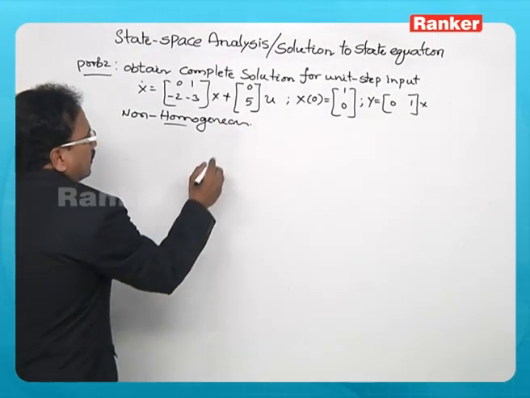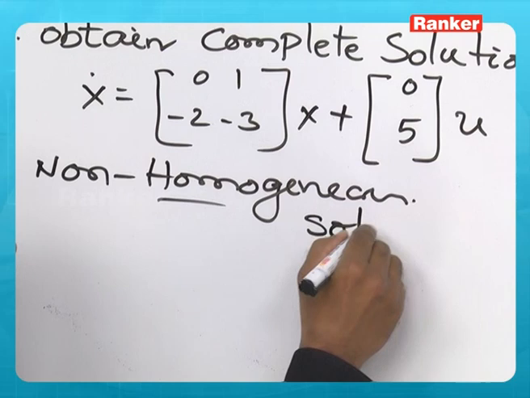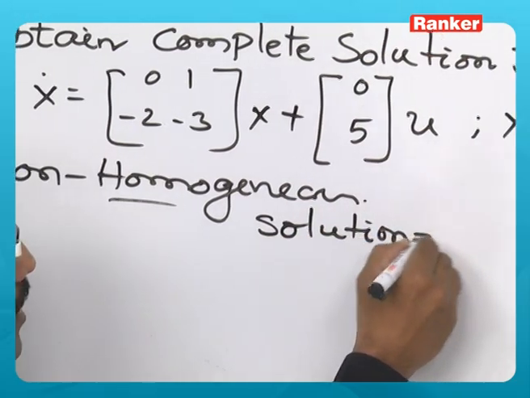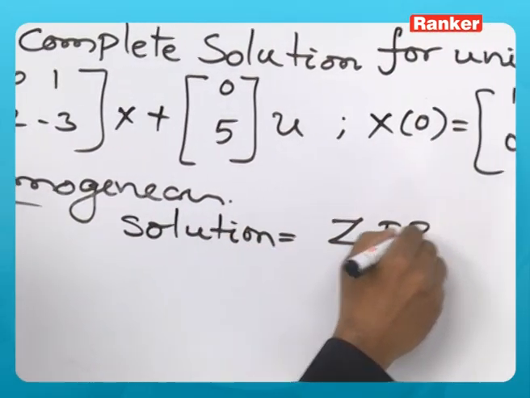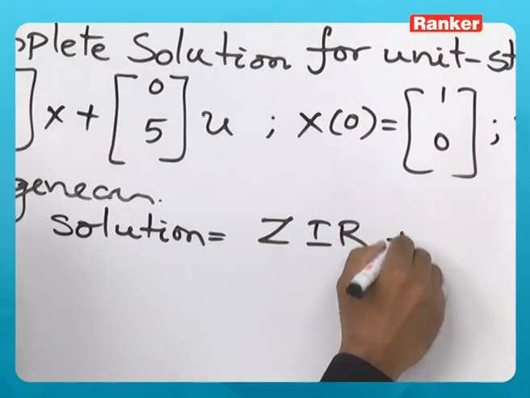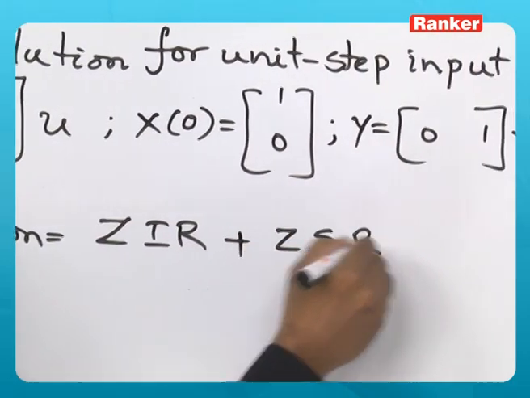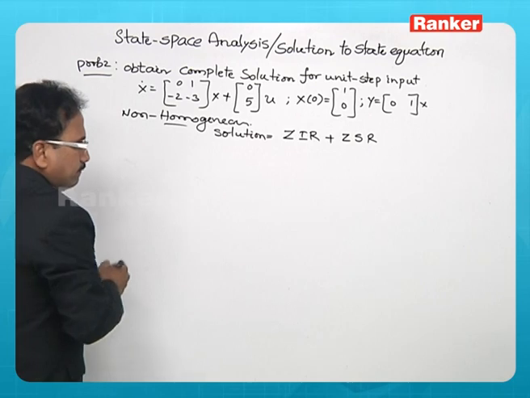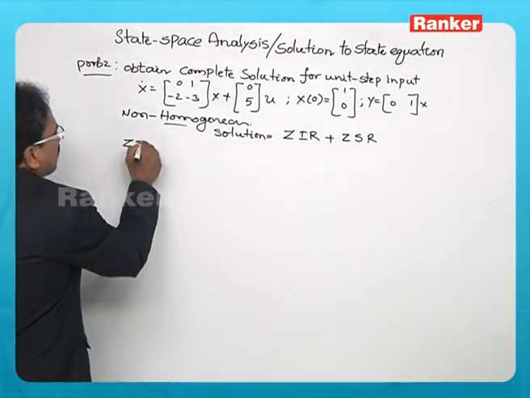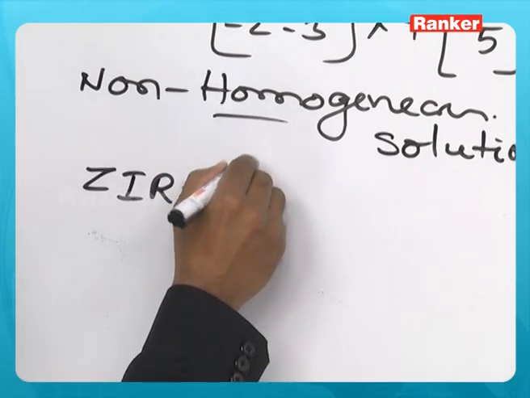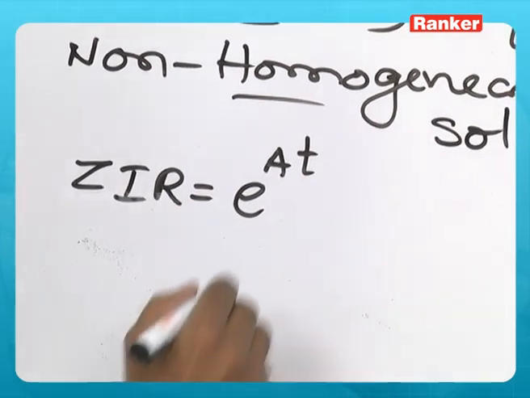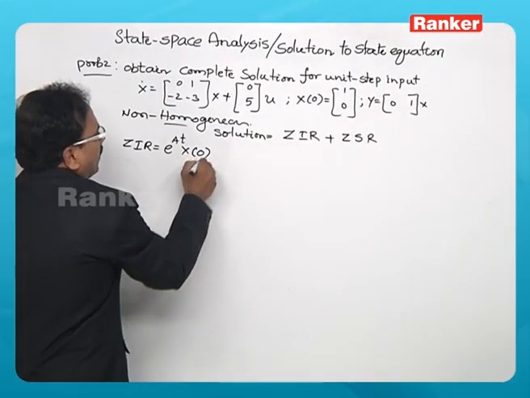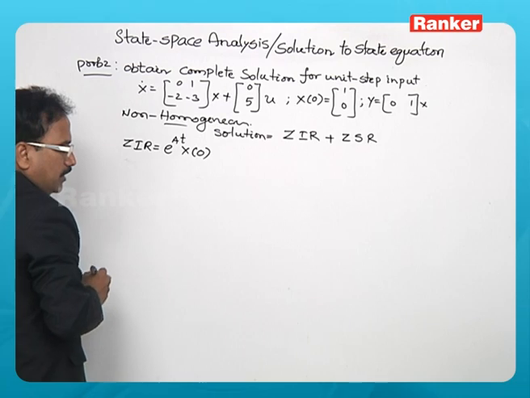So, the complete solution consists of zero initial response plus zero state response. So, zero initial response is nothing but the state transition matrix e power At and x of 0, which we should determine.